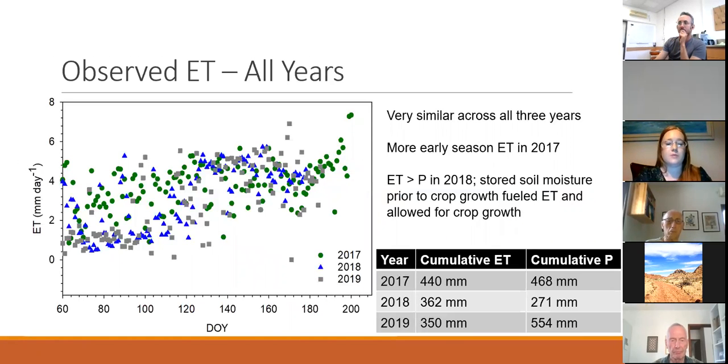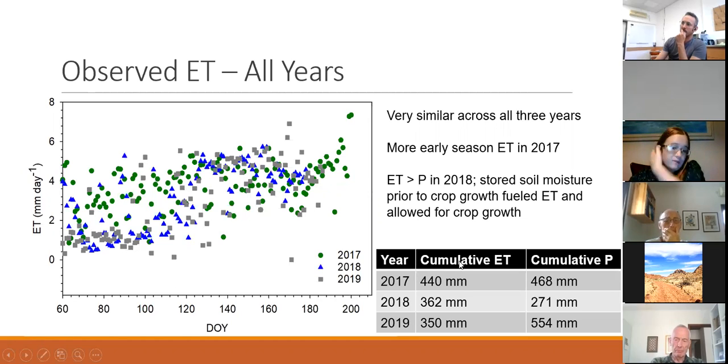So looking at observed ET for all years, I've combined the observed ET for all 3 years onto one graph here, with 2017 in green, 2018 in blue triangles, and then 2019 in gray squares. The biggest difference that I notice is that we have the really high early growing season ET in 2017, and you don't see it as much in 2018 or 2019.